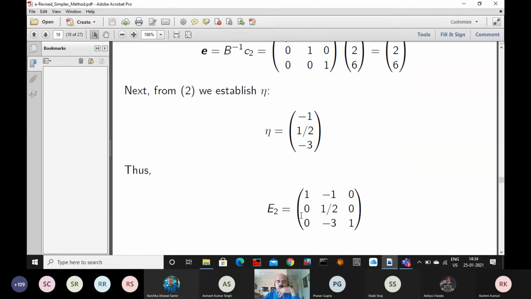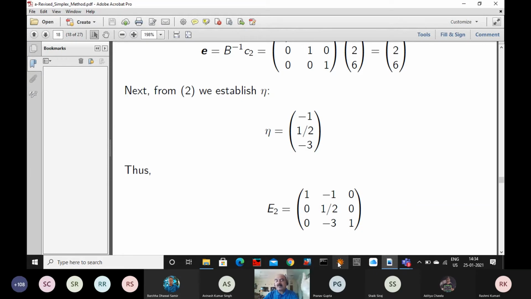So we find E2. What is E2? This is same as an identity matrix. The middle column must be replaced with eta. So 1 0 0, last is 0 0 1, and middle column minus 1, half, minus 3. You replace with eta to get E2. This E2 is not the inverse of B2.